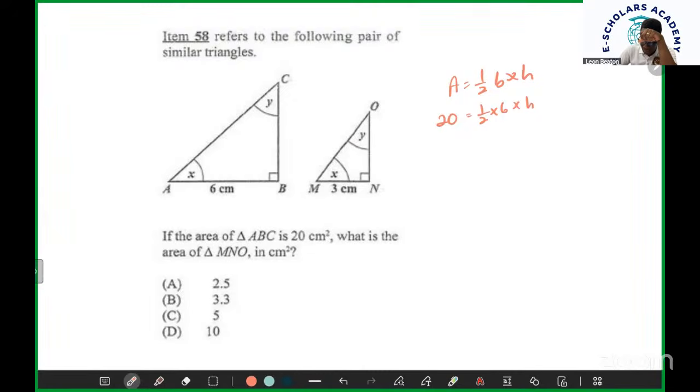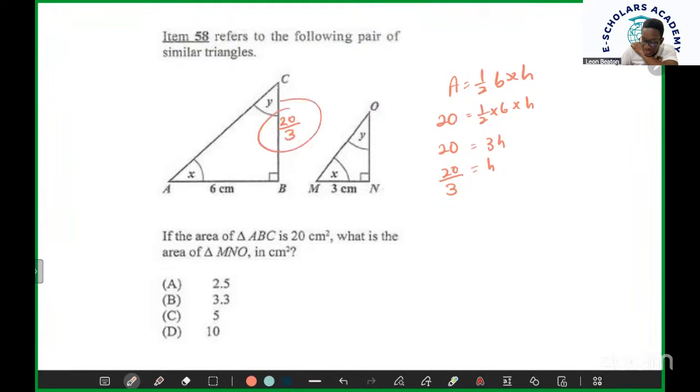So let's find the height, and then we can use that to get the height for this one here. So half of 6 is 3. So 3 times h would be 3h is equal to 20. So hence h would be equal to 20 over 3. So this side is 20 over 3.